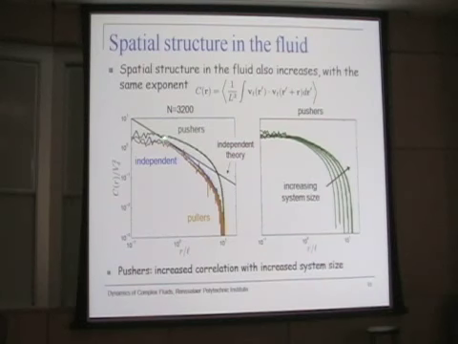And they still have a fluid-fluid correlation, which is mostly captured by this black line, if you believe me for a second. If you're asleep, pay attention for this one second.